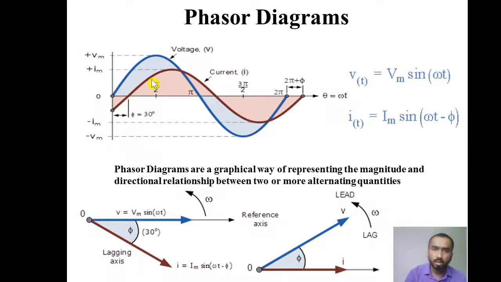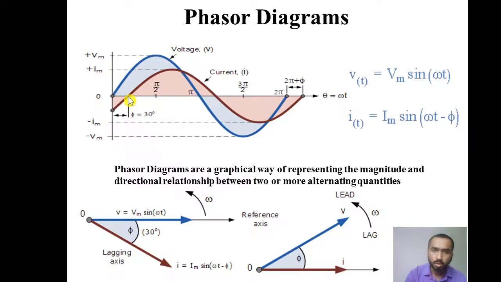Now one more concept is which signal is leading or which signal is lagging. To understand this, if we take this point, at this point the current is 0, and from this point the current goes in the positive direction.